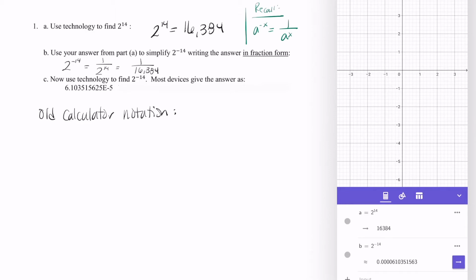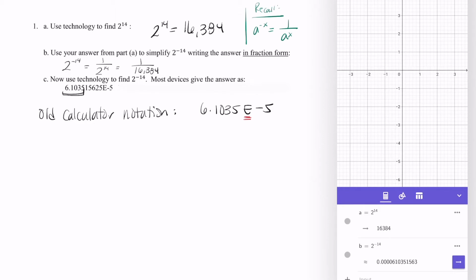You would get something like 6.1035 e to the negative 5. And this e really bothers me. It's not very hard to typeset the number 10 and an exponent, but for a lot of calculators, apparently even modern old calculators, it is.